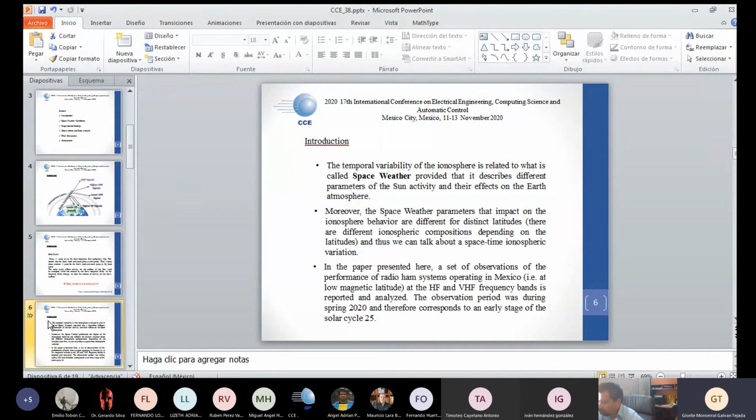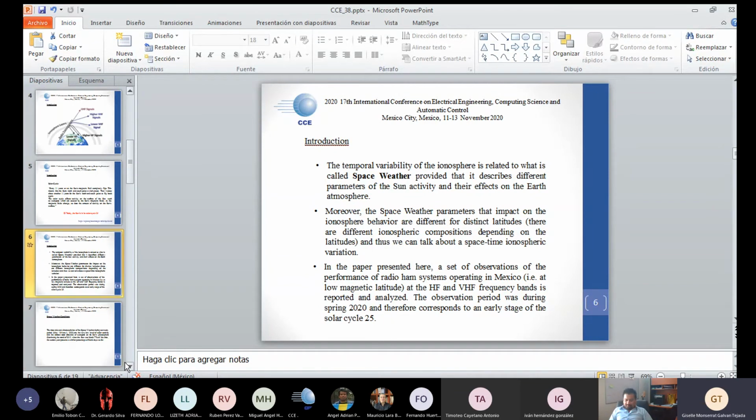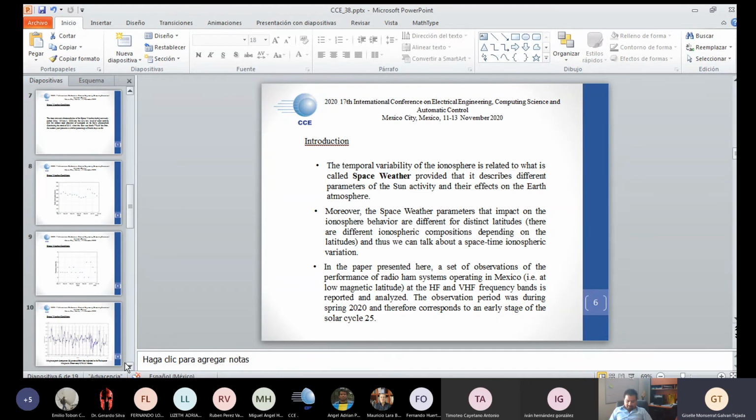The temporal variability of the ionosphere is related to space weather, which describes different parameters of the sun's activity and their effects on the Earth's atmosphere. Moreover, the space weather parameters that impact the ionosphere depend on latitude, so we can talk about a space-time ionospheric variation.